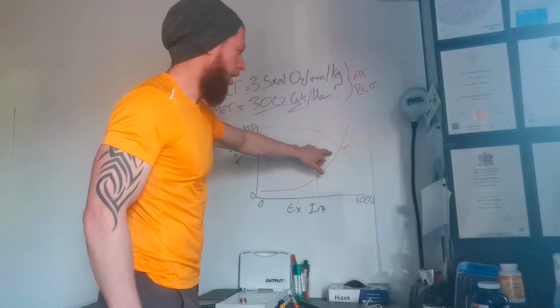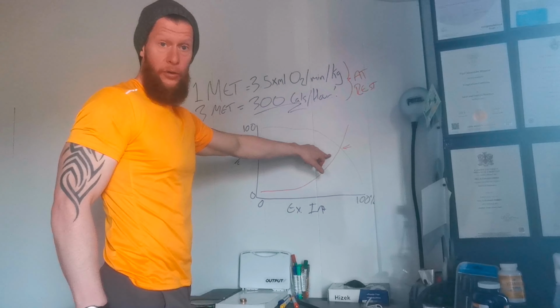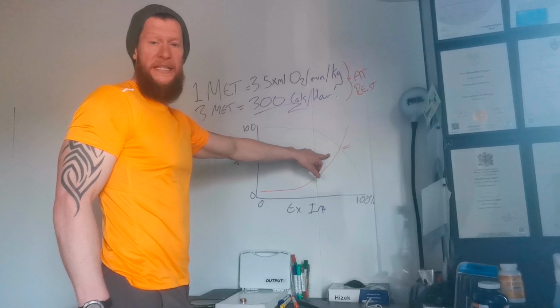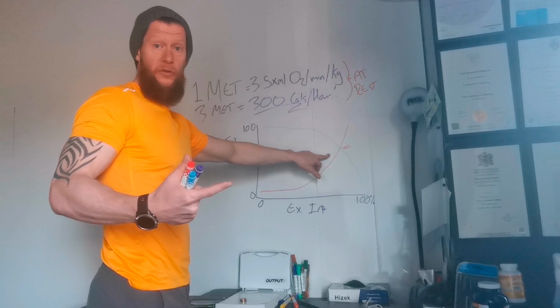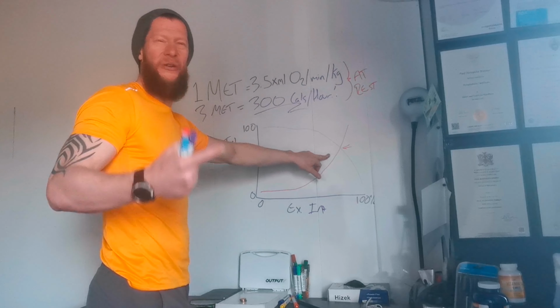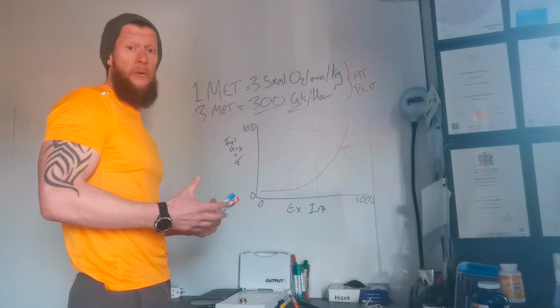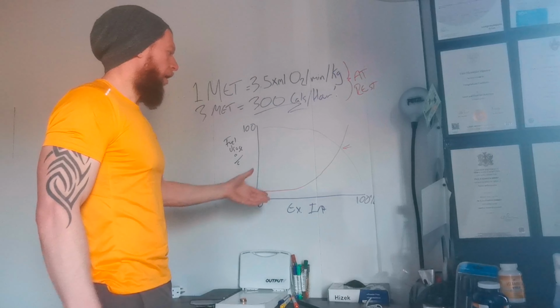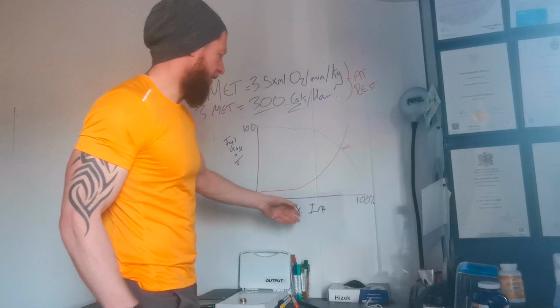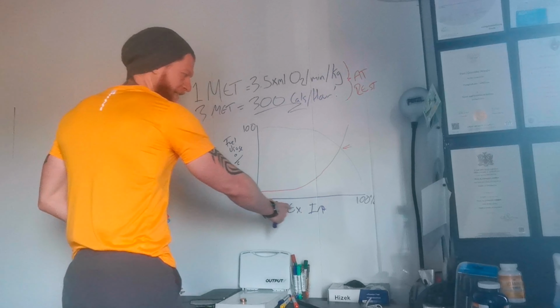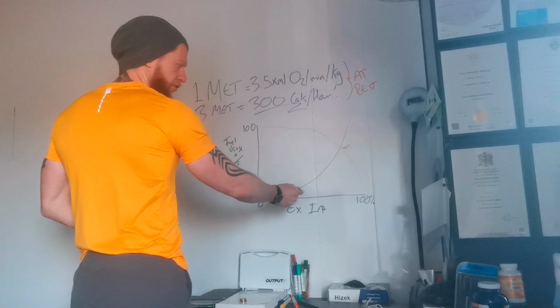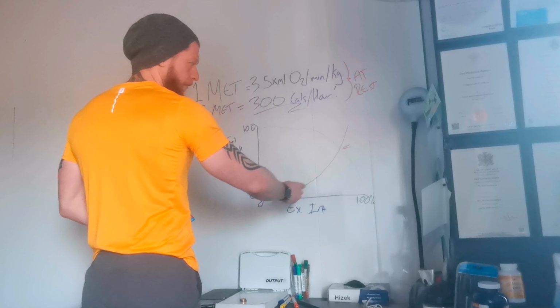Now, the problem is that carbohydrate storage in the body, or glucose storage, is limited to blood glucose, glycogen in the muscles and glycogen in the liver. And that's only a few hundred grams that we can store at any one time. As our exercise intensity increases, our fuel usage shifts more to carbohydrate usage.